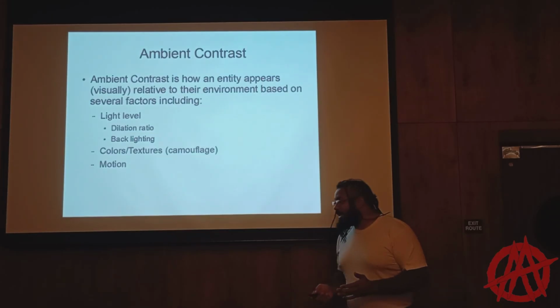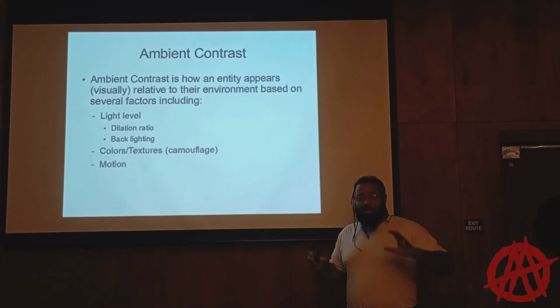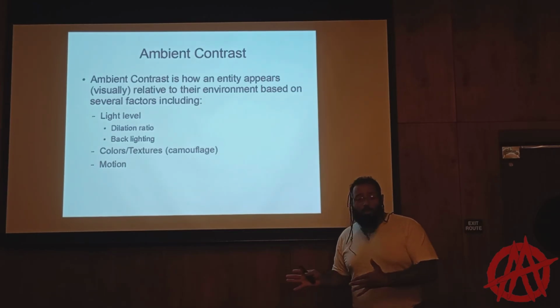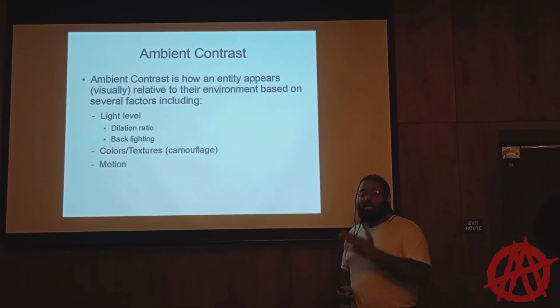So yes, a majority of the time you want to avoid motion, because that's what our eyes are predominantly designed to detect. But in an environment where there is motion, you want to move at a similar speed and similar pattern of that motion so you don't stand out. Because if you're still in a moving environment, you're going to stand out just like you would if you moved in a still environment.